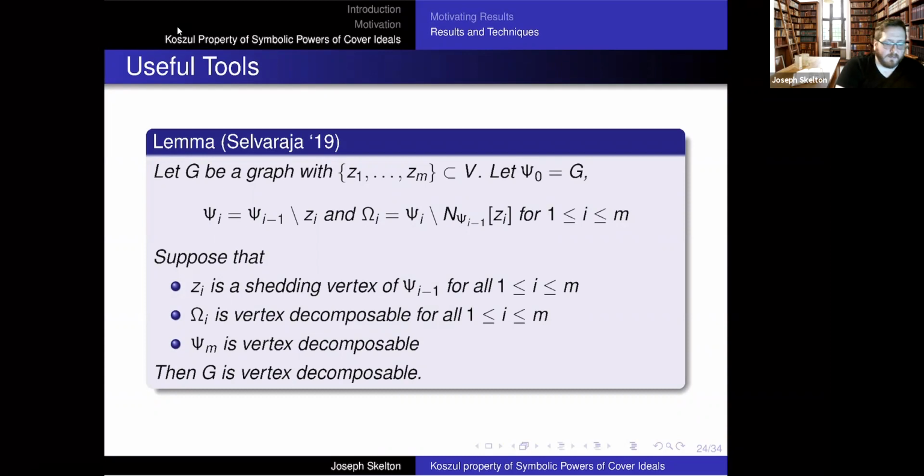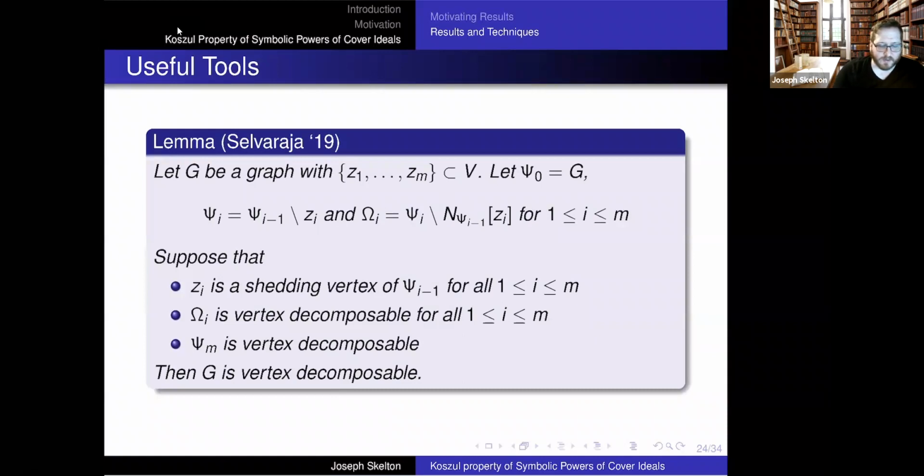If z_i is a shedding vertex when you delete the preceding z's, omega i is vertex decomposable for all i, and psi m is vertex decomposable, then your graph is vertex decomposable. So you don't need psi i, you just need the very last one, when you delete all of the vertices in your sequence, to be vertex decomposable.